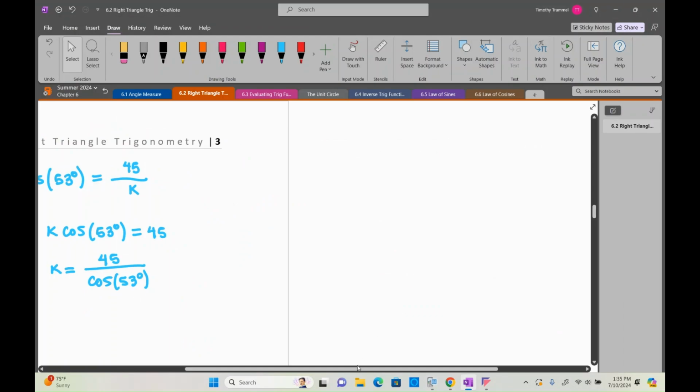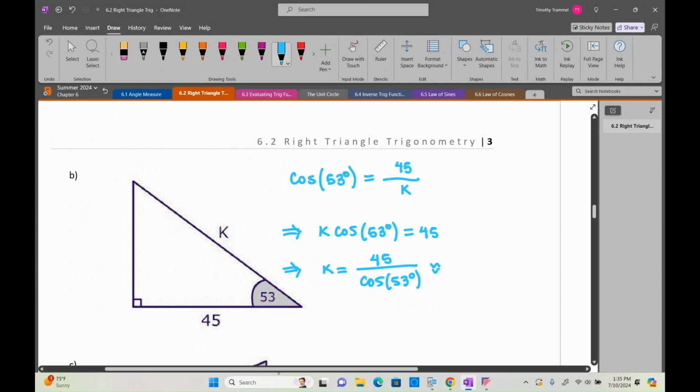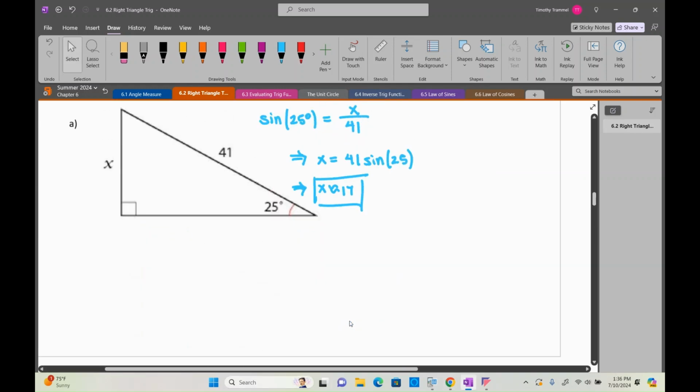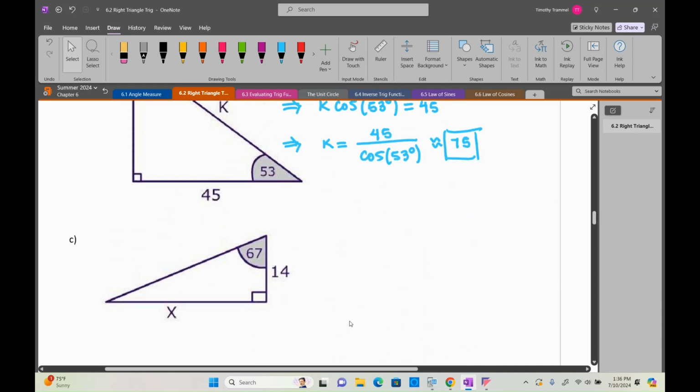So we can go over here and record that. Maybe I'll box my previous answer here too. Oh, I already did. Okay. And then we have one more we're going to do. So this time we need to focus in on our angle.